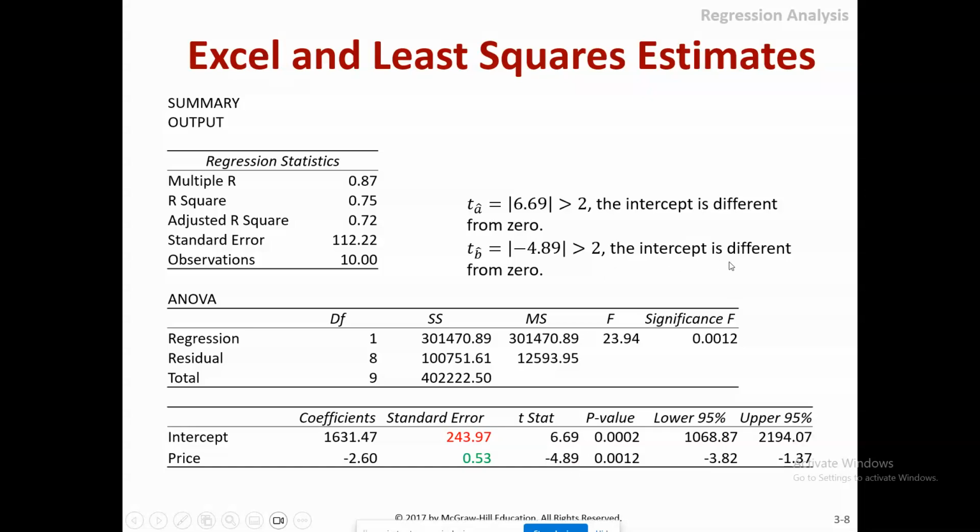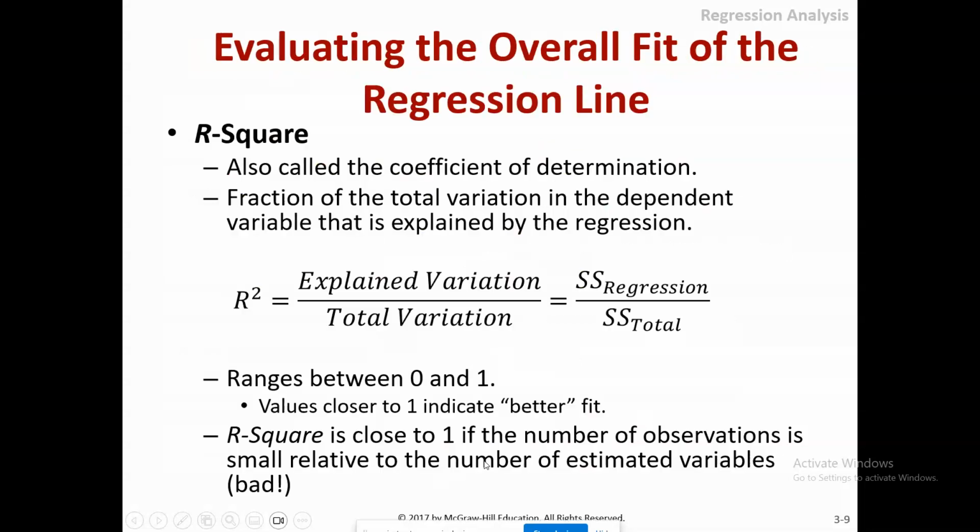We say the intercept is statistically different from 0, is significant. Okay. Here's the coefficient. Standard error is 243.97 for the vertical intercept. Standard error for the coefficient is 0.53.